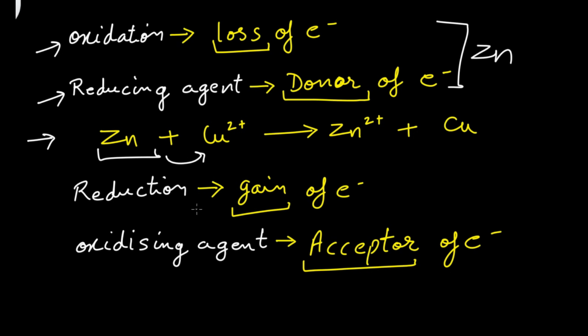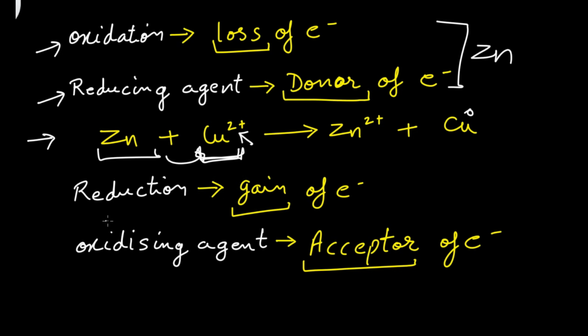Now in case of reduction and oxidizing agent, look at copper. The oxidation state of copper is +2 and it is reaching oxidation state 0, which means copper has gained electrons.